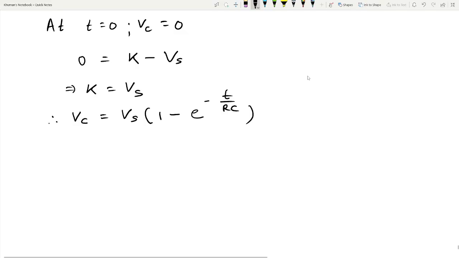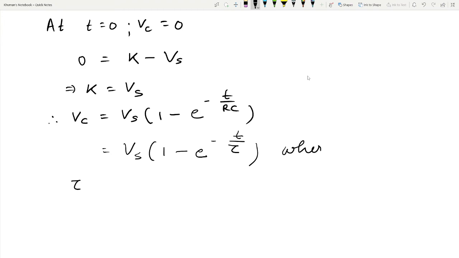So here, this can be rewritten as Vs times 1 minus e to the power minus t by tau. Okay, tau is the time constant, where tau is equal to RC.